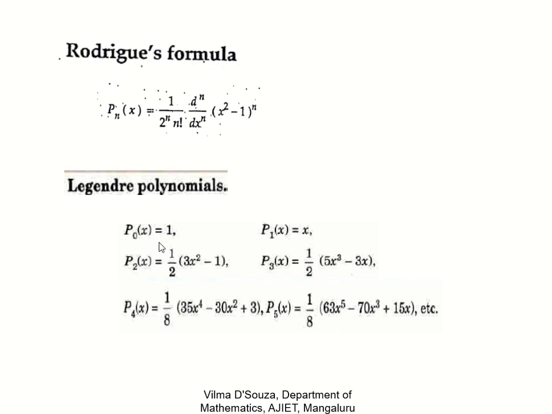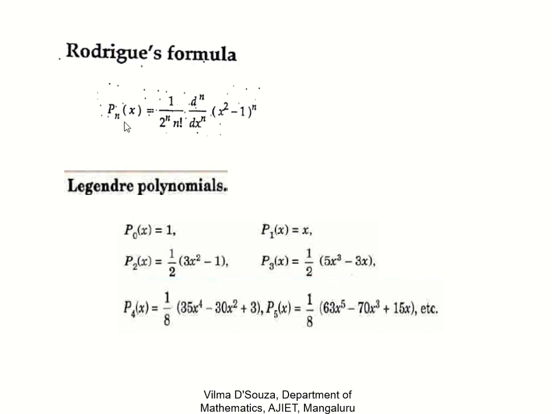Put n equal to 0 everywhere on the right hand side also: 1 by 2 power 0. What is 2 power 0? 1. 0 factorial is also 1. And the 0th derivative means there is no derivative. So 1 by 2 power 0 into 0 factorial is 1. So P0 of x is equal to 1.